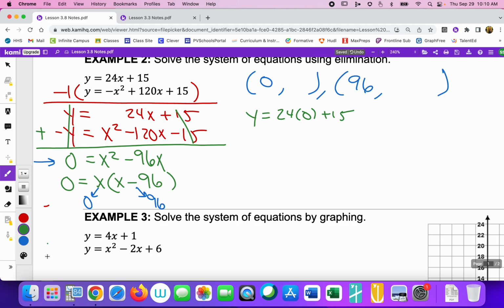What is that? 15. Okay, 0 would cancel out with 24, leaving that 15. So 0, 15 is one of them. Okay. Now the 96, I would strongly suggest the use of a calculator. We would do 24 times 96 plus 15. What's 24 times 96 plus 15? 2319.